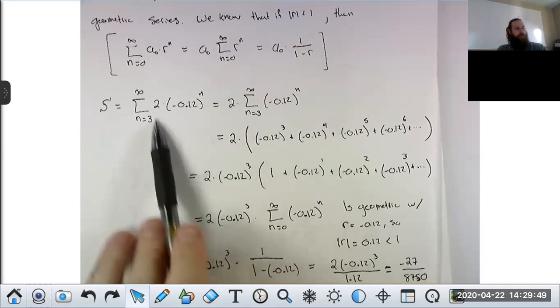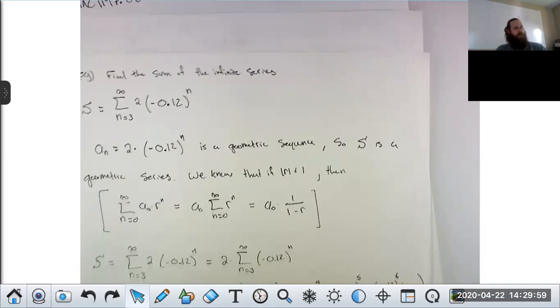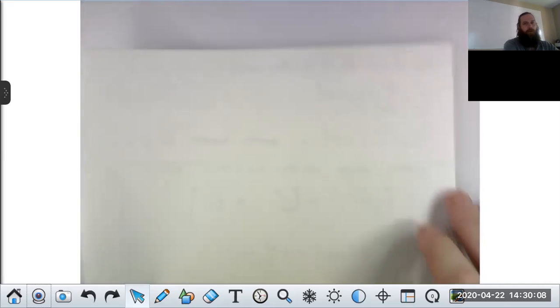If you want to think of it with the 2 inside, like here, then this piece with the 2 and the negative 0.12 cubed is the starting term. So there is another way to remember that formula that I gave you at the end of class last time, the sum of a geometric series.